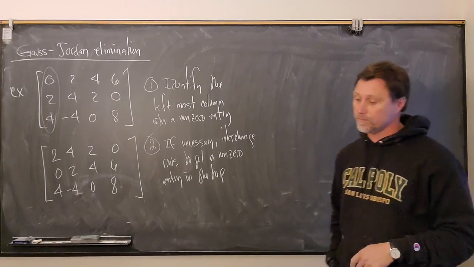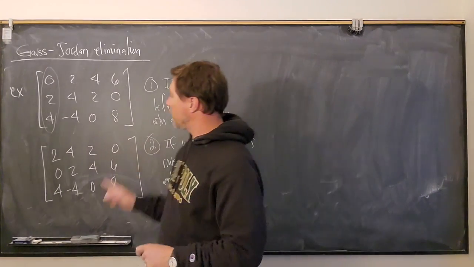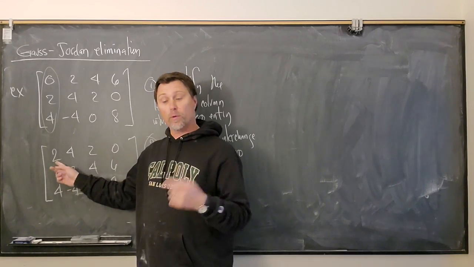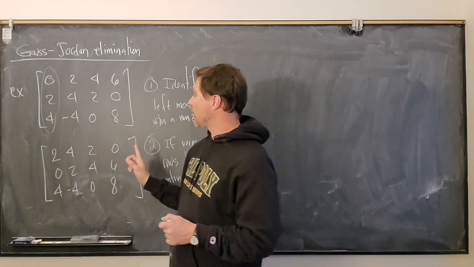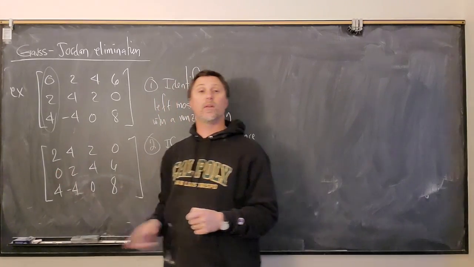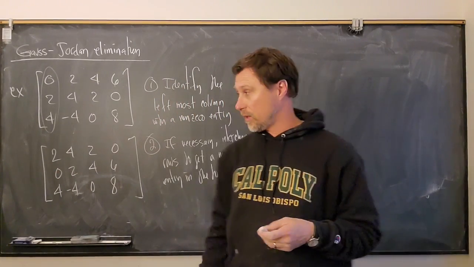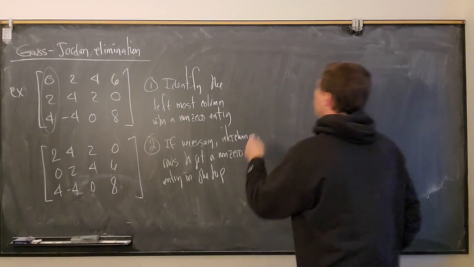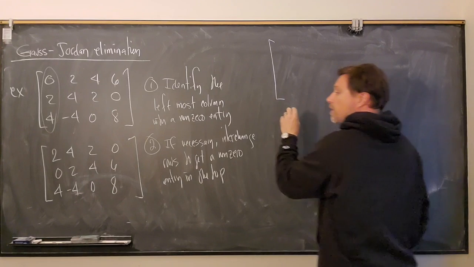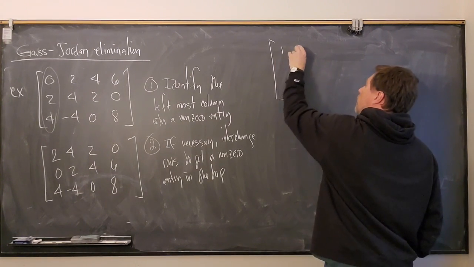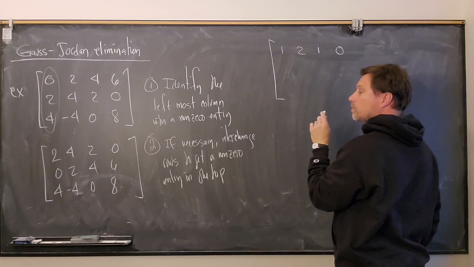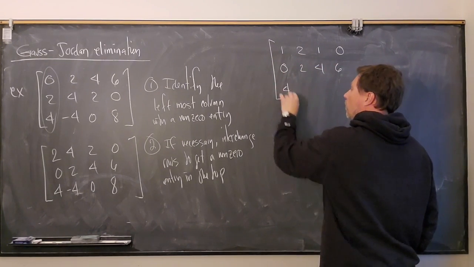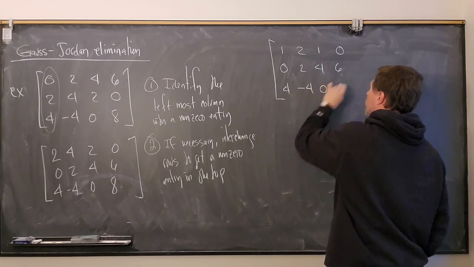Okay, easy enough. Now I've got a non-zero entry right there. I'm going to turn that into a leading 1 by performing another elementary row operation. Remember, one of our operations is that you can multiply any row by a non-zero constant. In this case, I'm going to multiply this row by 1/2. So let me do that. This will be 1, 2, 1, 0, 0, 2, 4, 6, 4, minus 4, 0, 8.